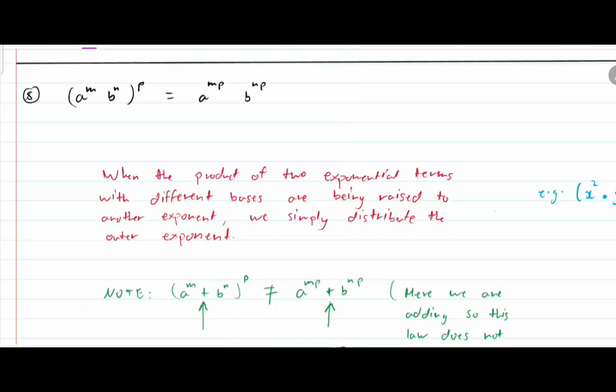Okay, so here we have the product of 2 exponential expressions with different bases, and we're raising everything to another power. Well, we simply distribute that outer exponent. So in this case, we're going to get a raised to the power of mp times b raised to the power of np.